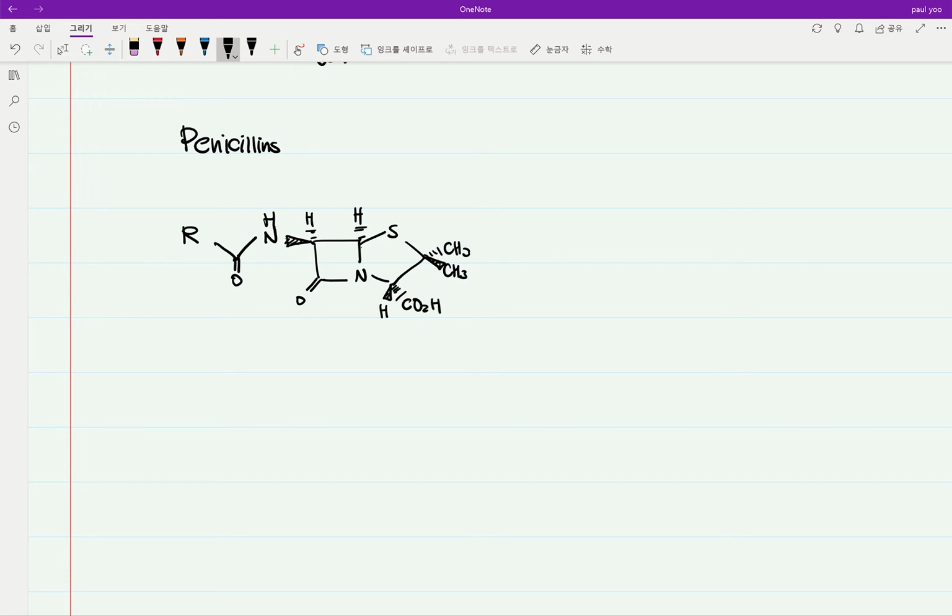It blocks bacterial cell wall biosynthesis.